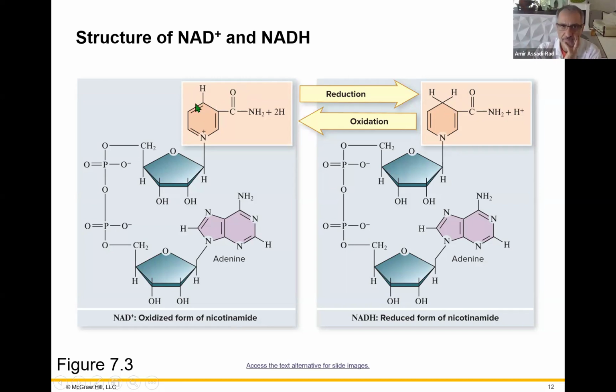This one, 1, 2, 3, 4. In both cases, carbon has 4 covalent bonds. This is the NADH right here. This is NAD.